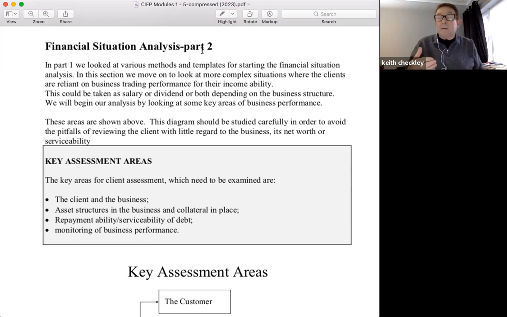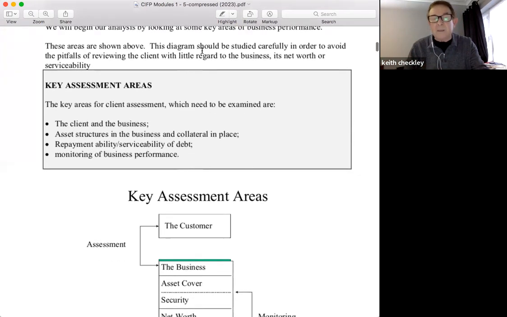A management account could be as simple as: what were the sales last month? What were the sales the month before? What are the sales this month? And then do they have any projections of what the sales might be going forward in the business? So just like before, we have to take a common sense view. We've got to get to grips with some of the technology, but we will get a good understanding of business and business performance.